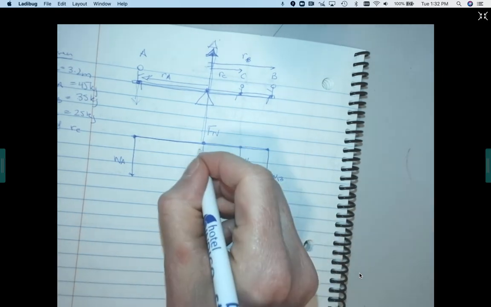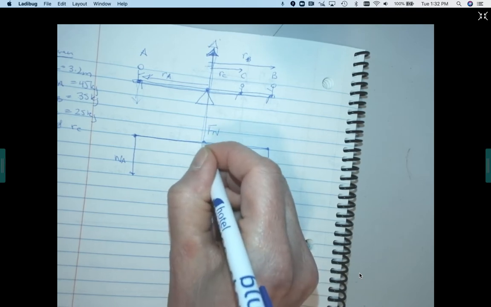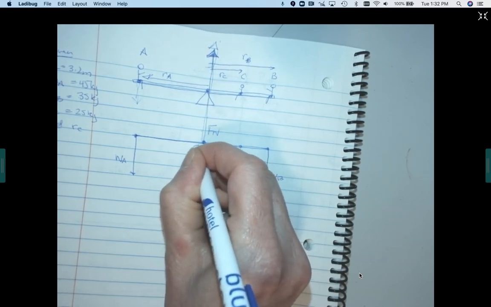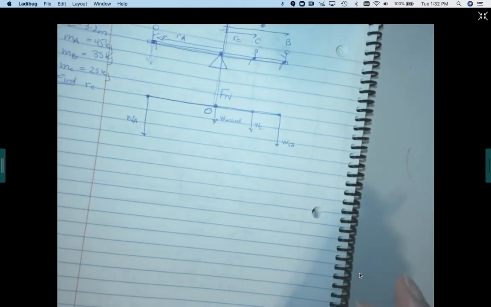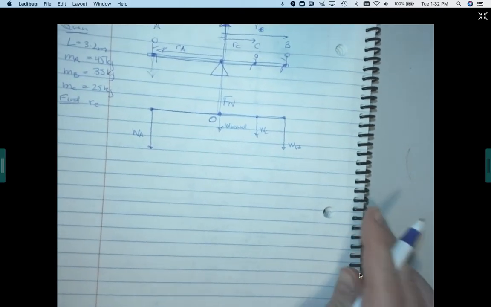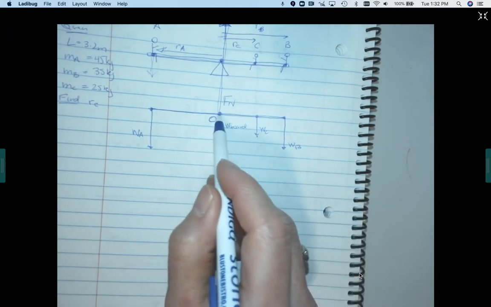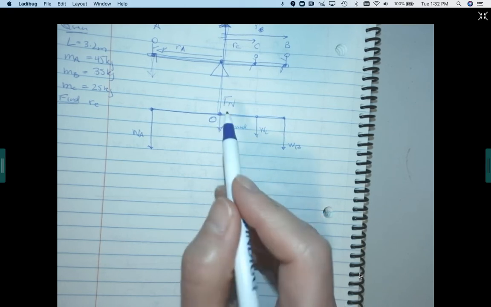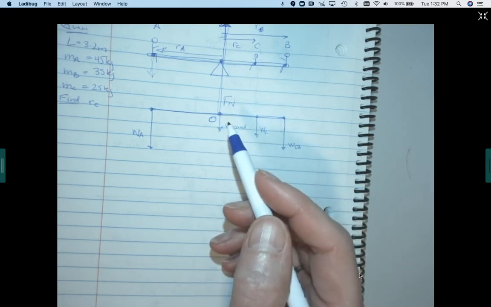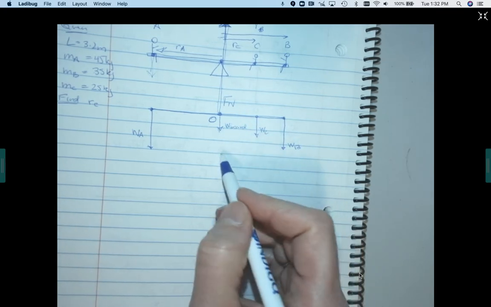I don't know the weight of the board, and I could figure out the normal force if we wanted to, but I'm just going to put the origin there. As you're setting these up, you can think about putting the origin at a place where you don't know one of the forces, because when we do our distance from the origin times the force, that distance is always going to be 0 for any force that's at the origin. So that will go out of the torque equation.